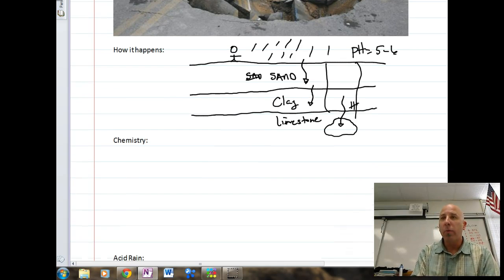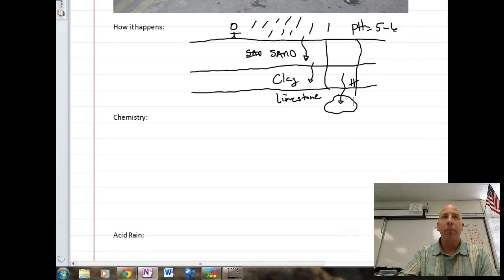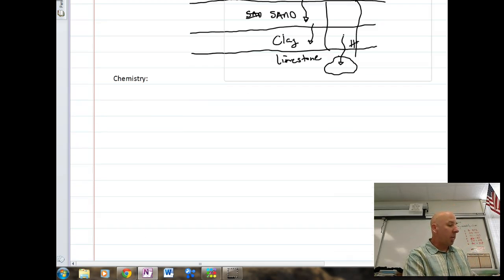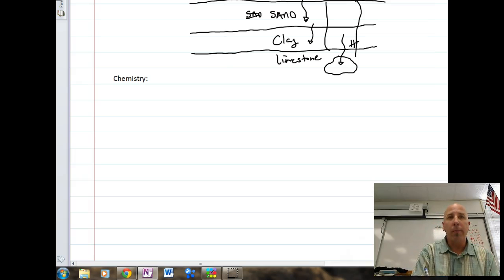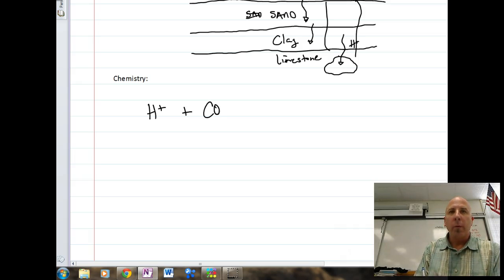Now, here's the chemistry behind this whole idea. We can take our hydrogen ion and react it with the carbonate ion. Where does this carbonate ion come from?